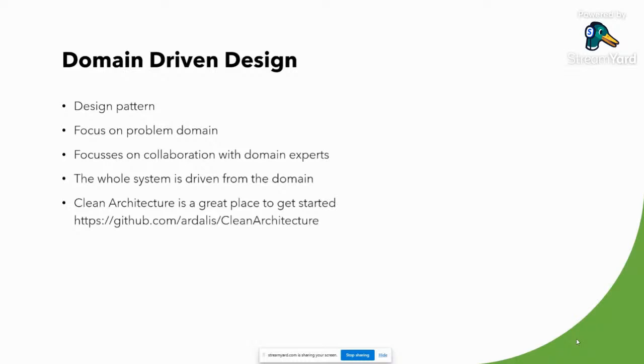If you want to get started with DDD in .NET, Clean Architecture is a really great place. Clean Architecture is a GitHub repository that explains DDD from a developer point of view, from a .NET developer point of view, and also contains Visual Studio templates. You can just found a project, Clean Architecture, and look at the full DDD setup, with web APIs, with clients in Angular, React, whatever you choose.